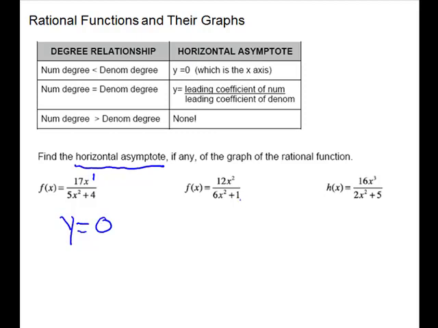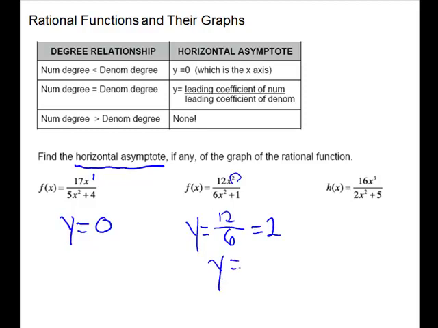This one, the degree of the numerator is 2. The degree of the denominator is 2. So they are equal. That's case number 2. Your y is equal to the leading coefficient of the numerator over the leading coefficient of the denominator, and this will simplify to 2.